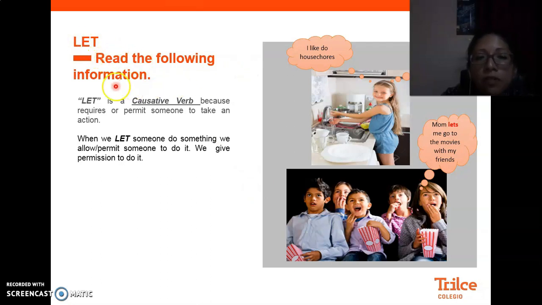Read the following information. Let is a causative verb because it requires or permits someone to take an action. When we let someone do something, we allow, we permit, we give someone permission to do something.